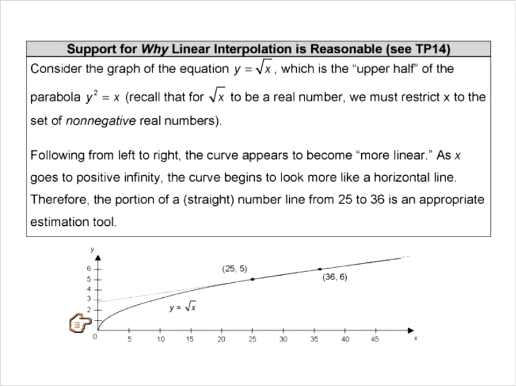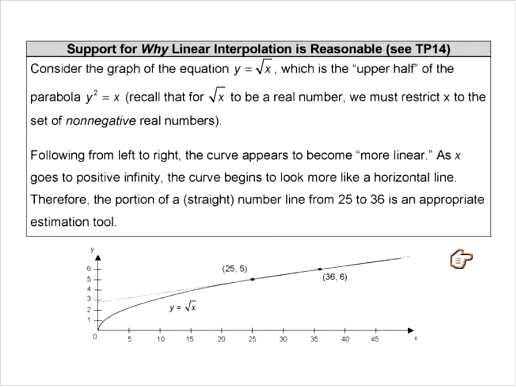Now, if you go from left to right, the curve, as you go out more and more, looks more linear. That means that when we go further out, like to positive infinity, it's going to look more and more like a horizontal line.